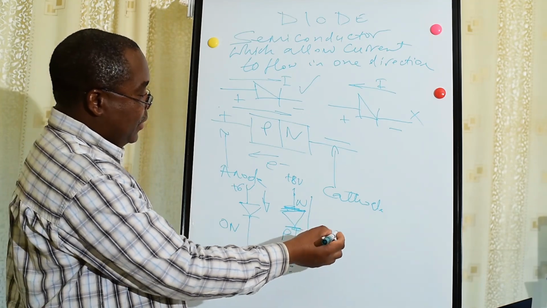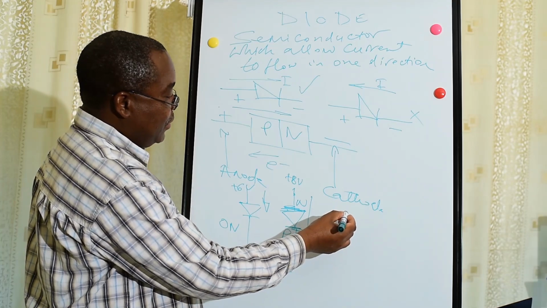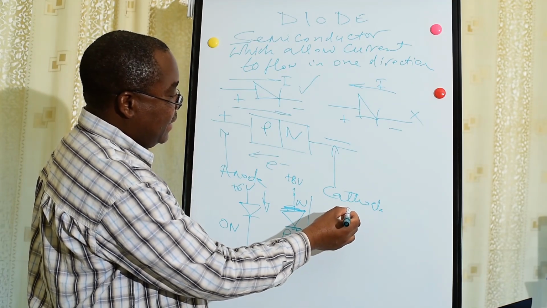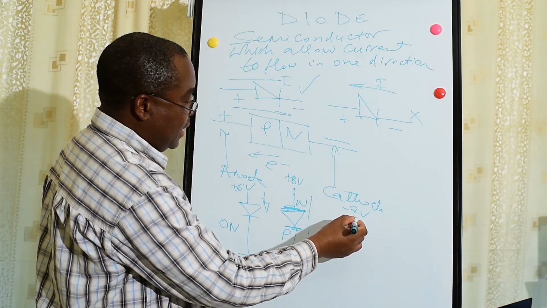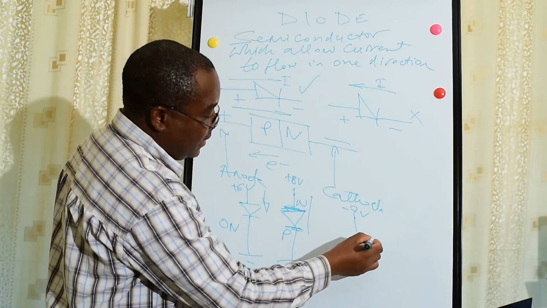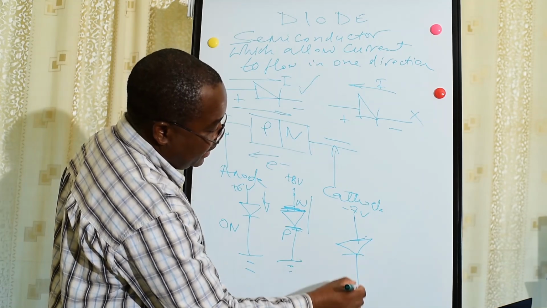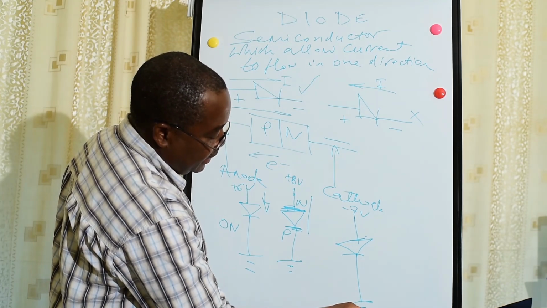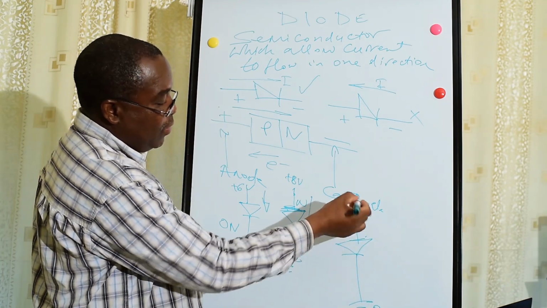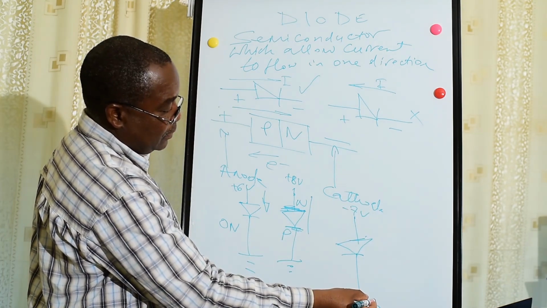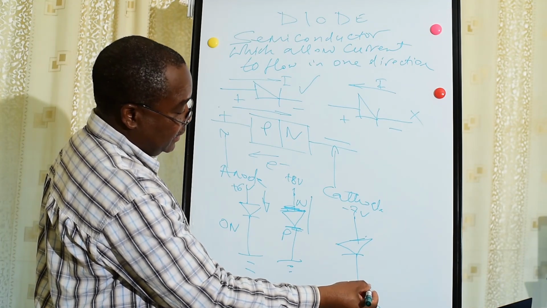But you can also have another scenario where you have, let's say, negative 7 volts here, and here you have your diode. This is zero potential, but negative is much lower than zero potential.